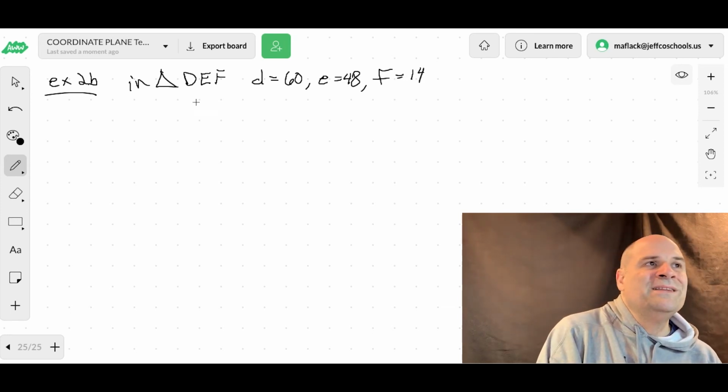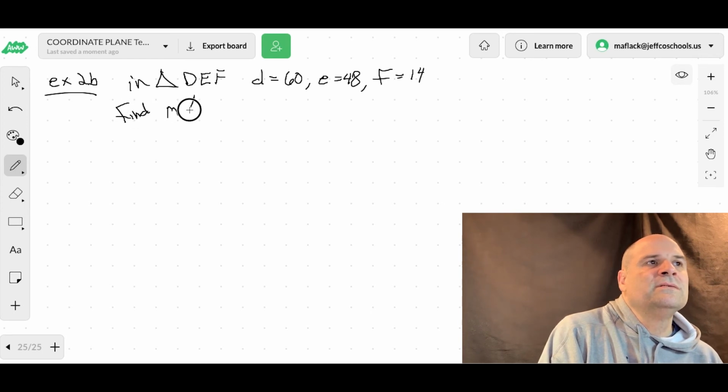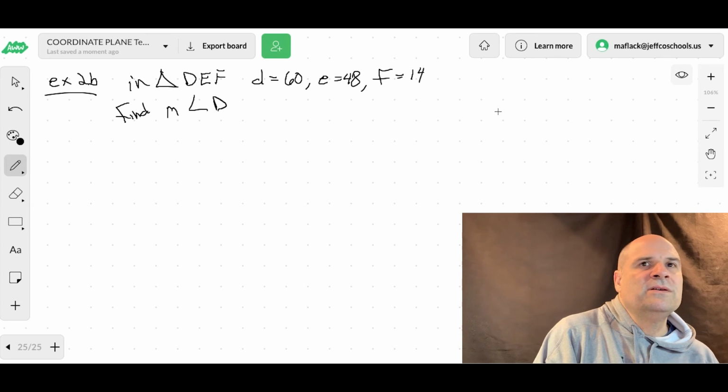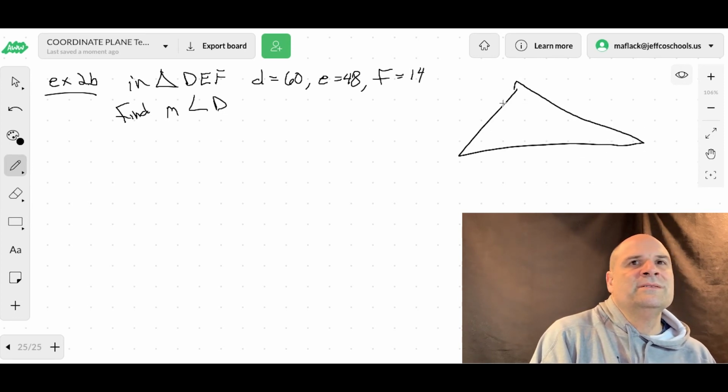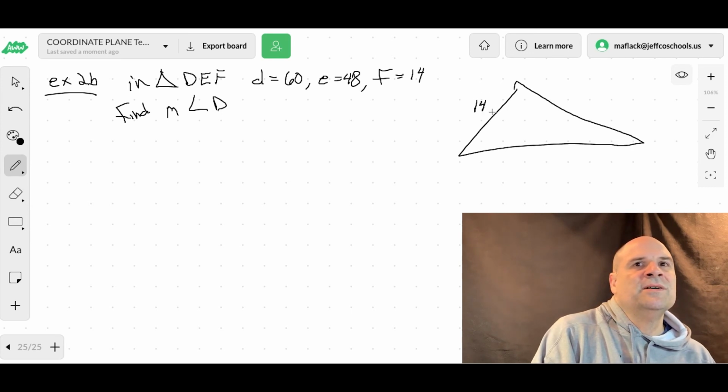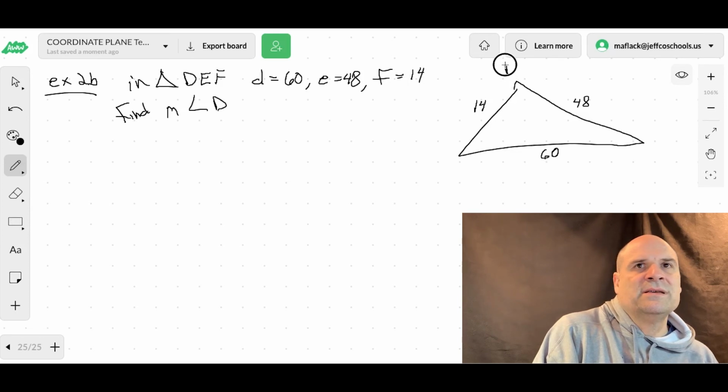So we need to find the measure of angle D. If you want, you can draw a little triangle just to get your head around it. Put the 14 here, the 48 here, and the 60 here. If 60 is D, then this is capital D. F is 14, so that's capital F, and this must be capital E.